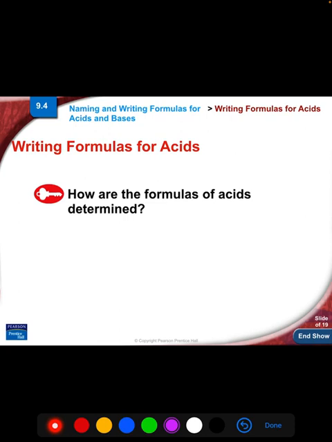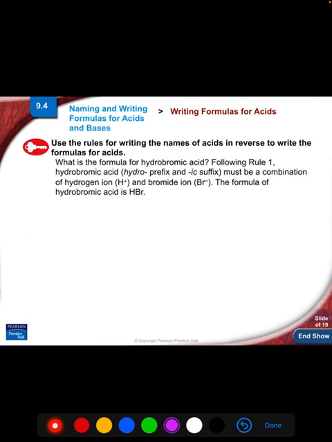So, if you know the formula, you now have rules for writing the acid. What happens if you're given the name and you want to determine the formula? Well, you just kind of do the reverse. Okay, so if you are given hydrobromic acid, it's got the hydro in front, so it must have the H from the hydro, and it must be made out of bromide, the bromide anion.